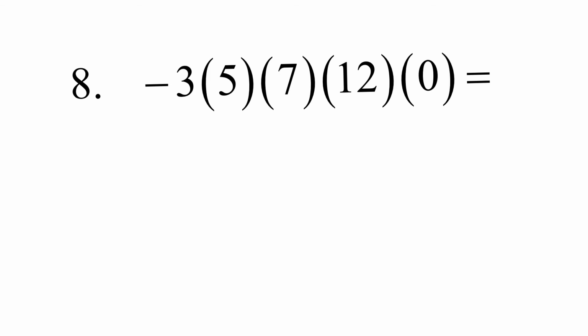So it doesn't matter what we get. I'm not even going to try and multiply. But all of this right here, guys, except the 0, the negative 3, the 5, 7, and 12, is going to be some negative number, because we have one negative, so the answer has to be negative. But whatever that number is times 0, well, the answer will be 0.